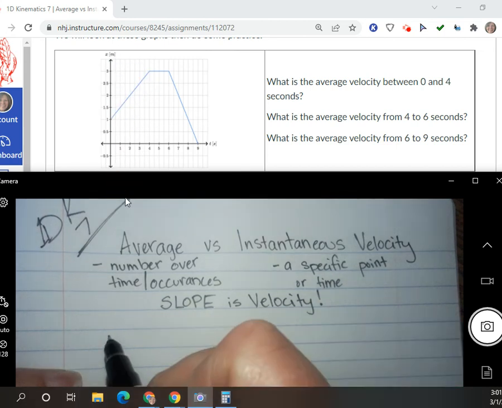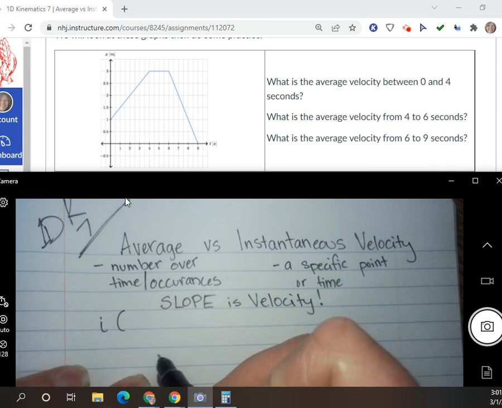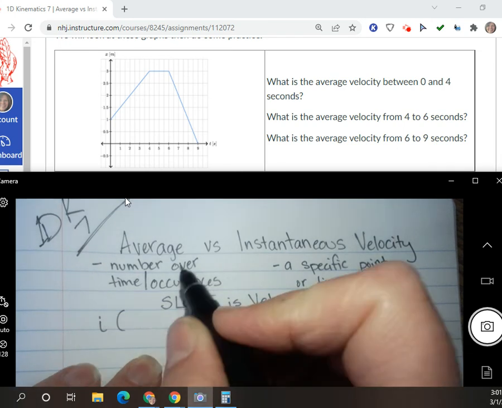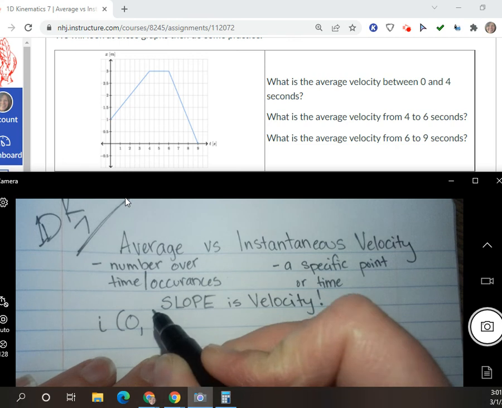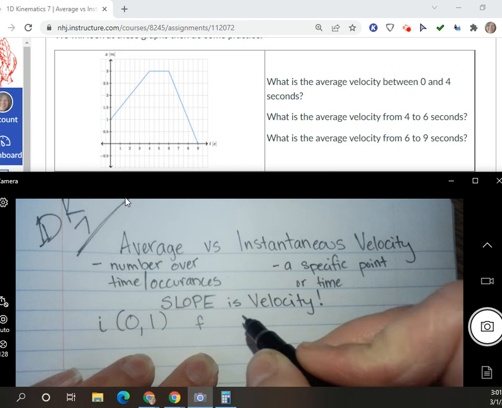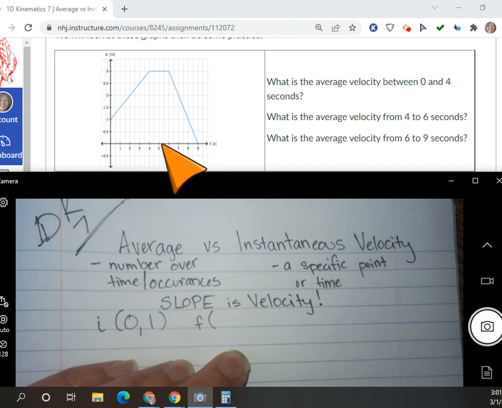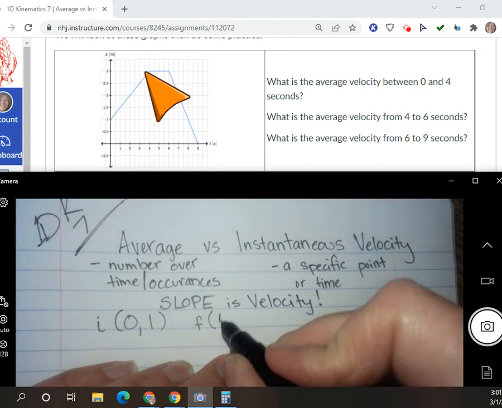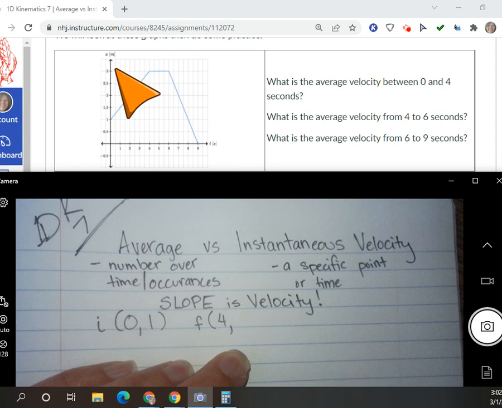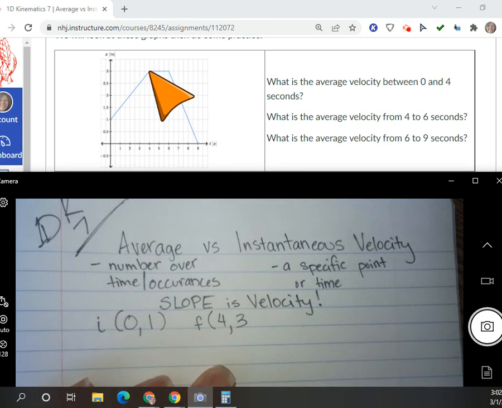So if we were to create points, the initial point would be x is 0, y is 1. And our final point is x is 4 and y is 3. So you can see that strategy there, going right from the point and straight over, so we can find our actual point for our scatter plot graph.